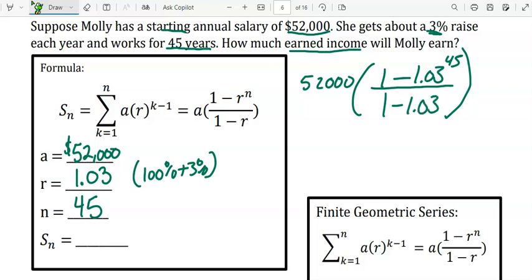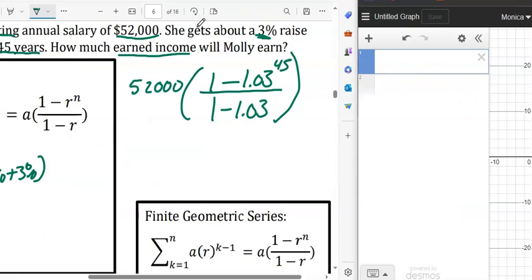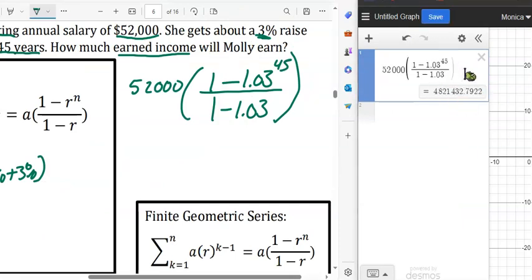And then from there, you'll use a calculator. Just type that in. And then we get this output.